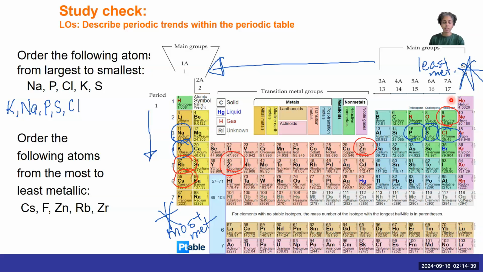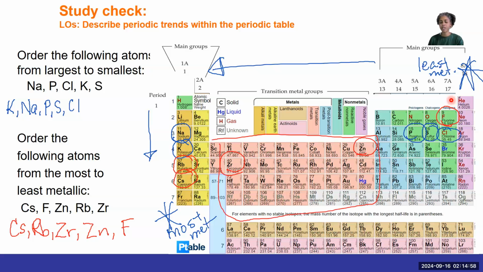We would start with cesium, followed by rubidium, followed by zirconium, followed by zinc, and lastly, fluorine. Okay, don't forget that transition metals are still metals, right? And so we can still classify them based on their metallic character.